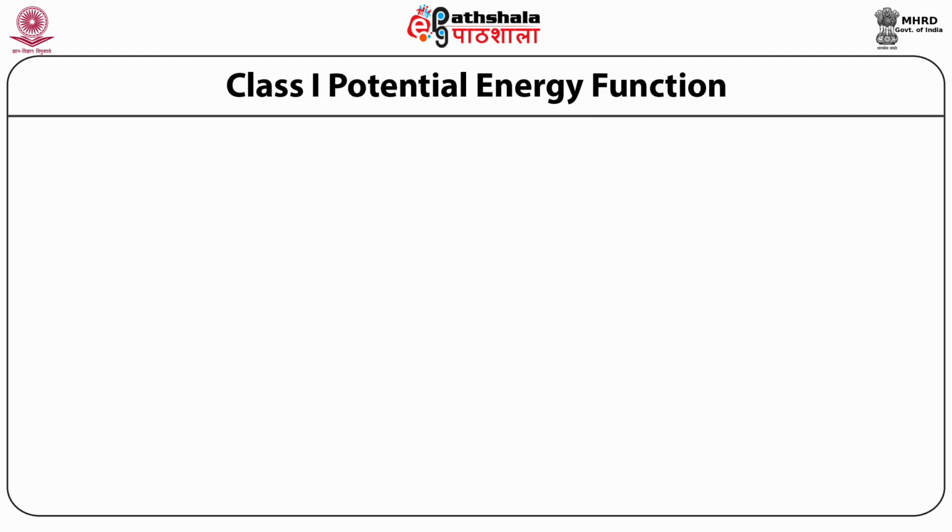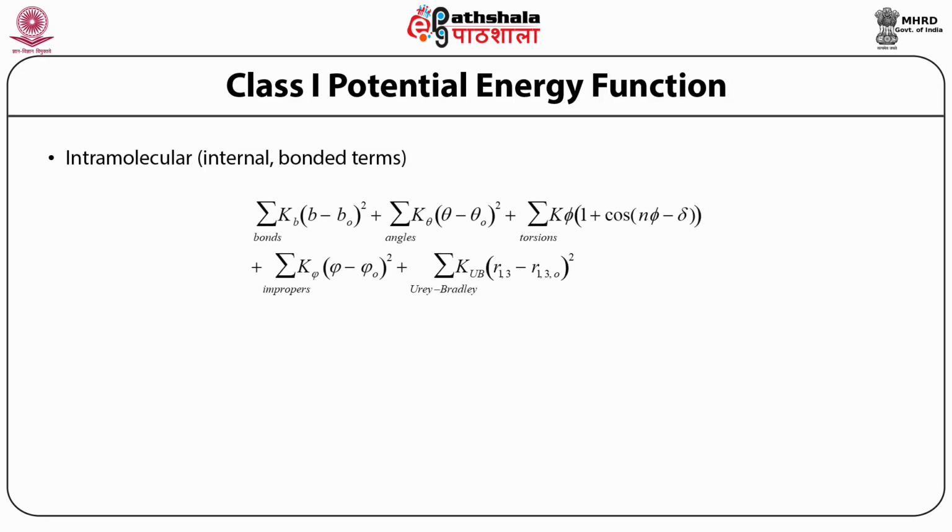Actually, this slide shows the potential energy function in its full form. What I mean is two parts. One is intramolecular, shown on the top, which has bond angle, bond length, torsion angles, improper dihedral angles, as well as Urey-Bradley expressions. And the bottom shows the intermolecular, that is non-bonded interaction.